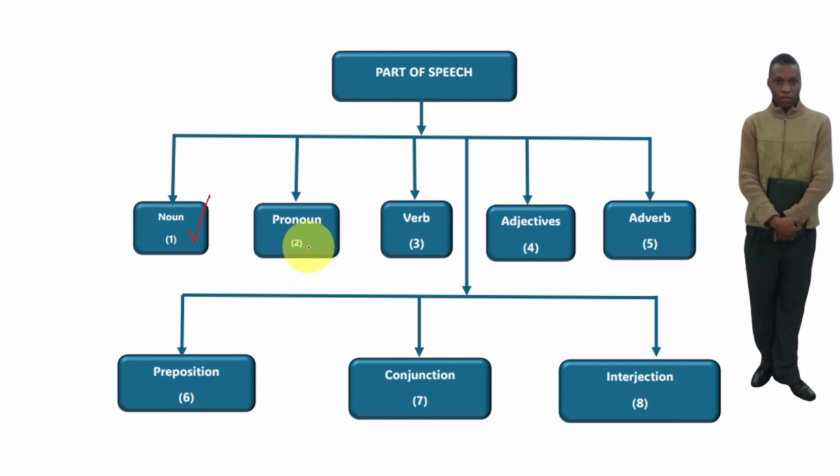When I'm talking about pronoun, you need to know. When I'm talking about the verb, you need to know. And when we combine some of the sentences together, you need to know the conjunction. Like today, you need to know this one.